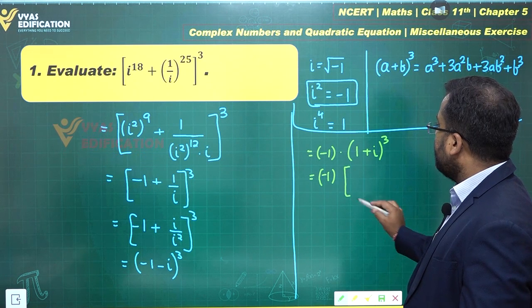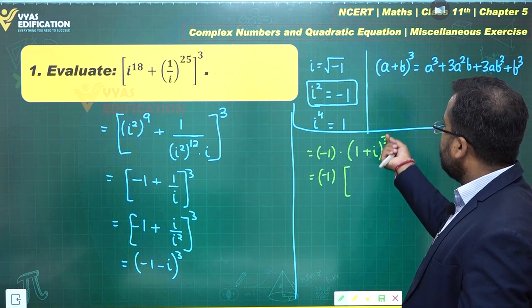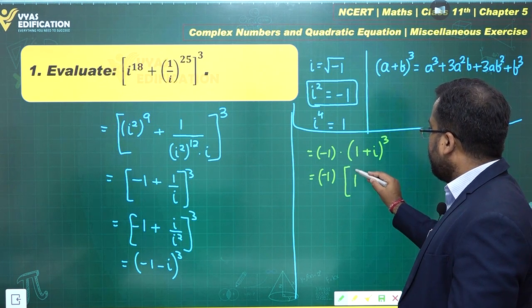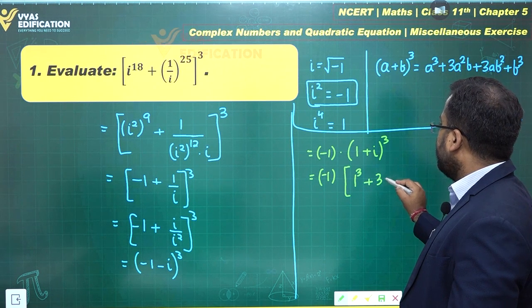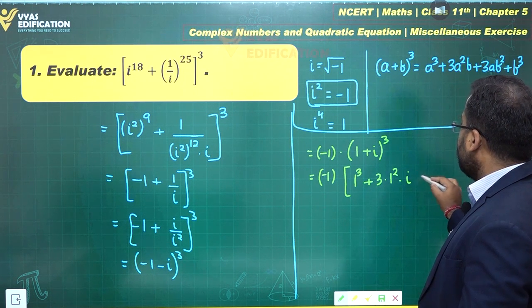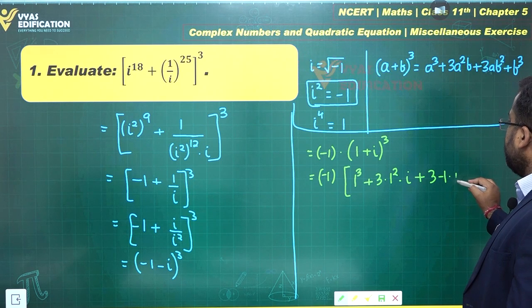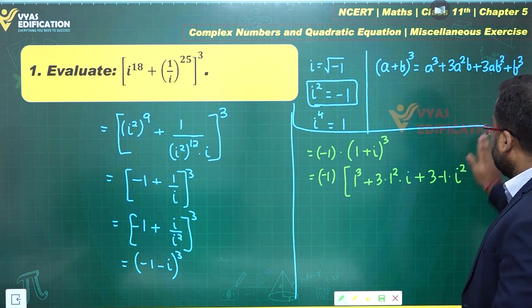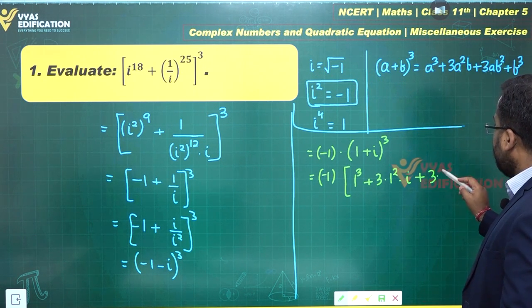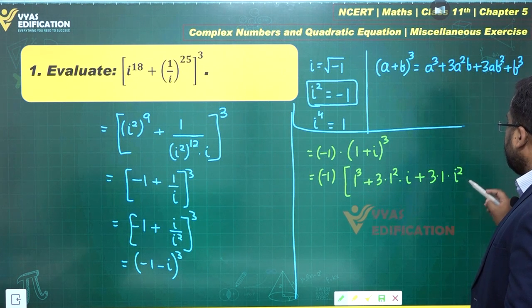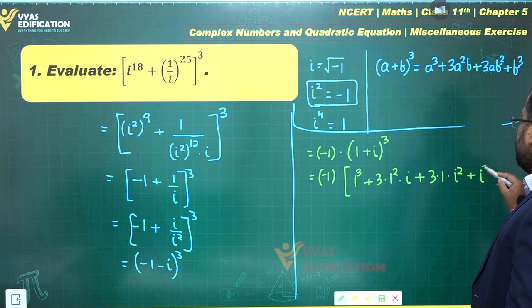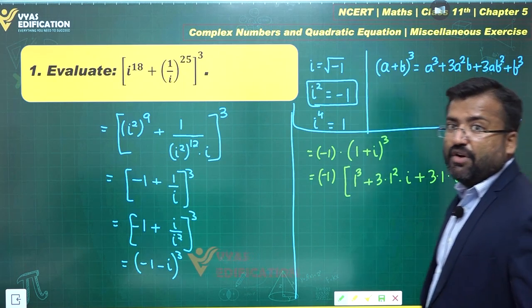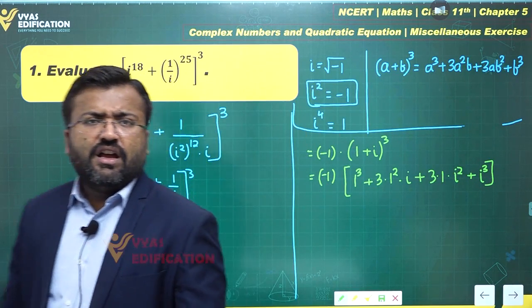And this whole bracket will simplify as a plus b whole power 3, which will convert to a power 3 plus 3 times a square times b plus 3 times a times b square, 3 times a, that is 1 times b square, plus b power 3, that is i power 3 will be there, right?